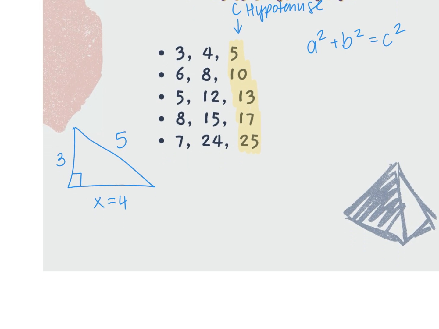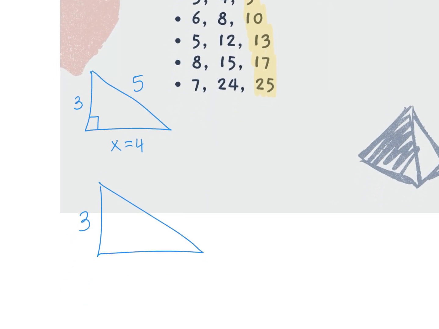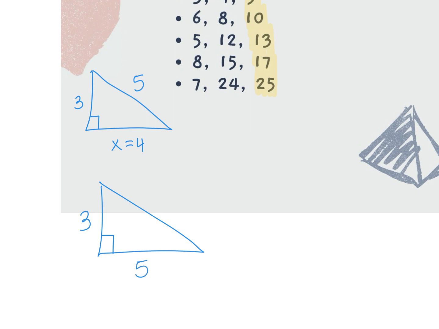However, if they're giving me a triangle, and it has a 3 and a 5 here, and they're asking for x, you cannot make your x 4. That's a no. Remember, your hypotenuse is your longest side. So if they gave you something with a side 3 and 5, you'd have to solve it to give you your hypotenuse. It cannot be 4.